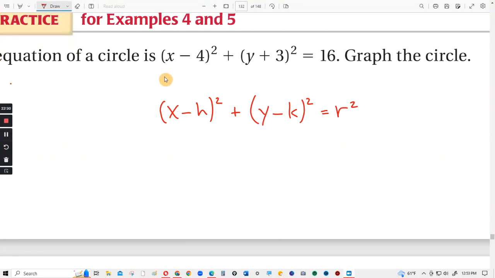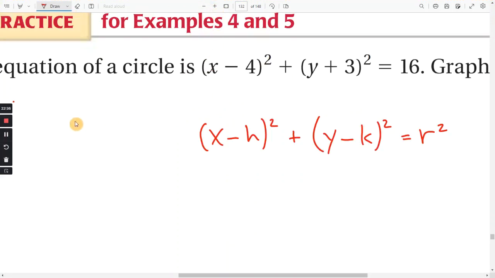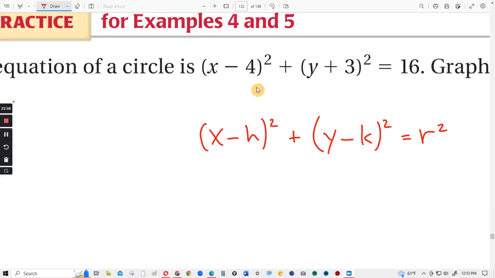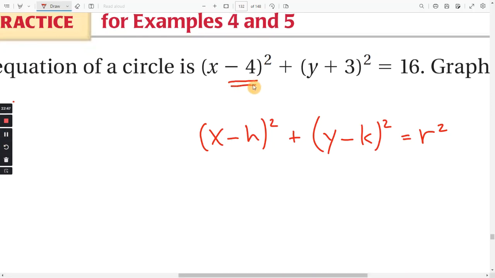Okay, please pause and see if you can graph the circle with this equation right here. Alright, once again, you see the equation is -h and -k, so you need to change the plus minus sign on the numbers in parentheses. So the h value is not -4, the h value is +4.